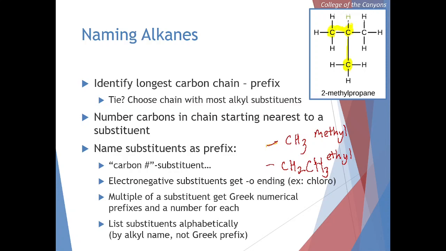We can try going down like this. Still just 3 in a row. Okay, so it doesn't matter. We have 3 carbons in a row. That dictates the name of our molecule. This is going to be prop. Meth, eth, prop. Prop means 3. Everything is a single bond, so our ending has to be propane. 3 carbons, all single bonds.